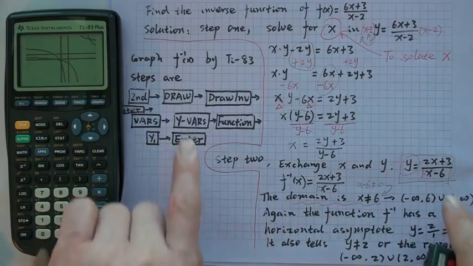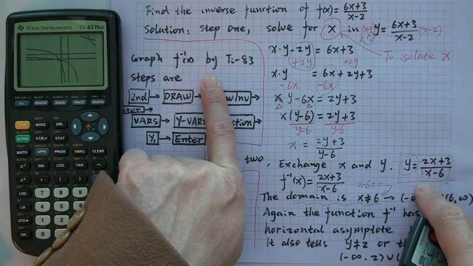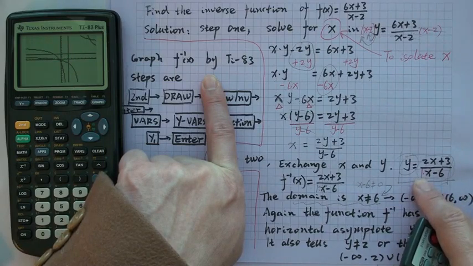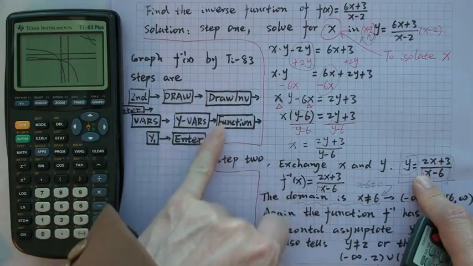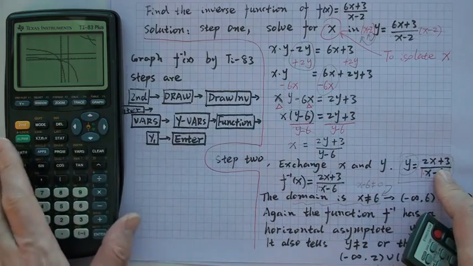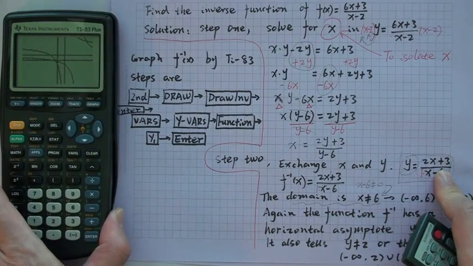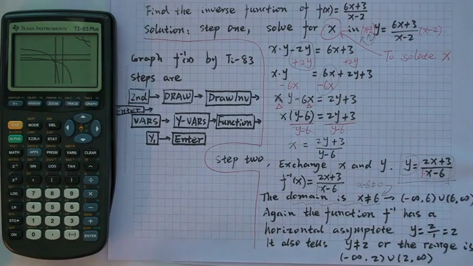There are two options. One is to input the function into Y sub 2. The other is to do it without inputting the inverse function, and those are the steps to find the inverse and graph the inverse function. Okay, I'll see you next time.